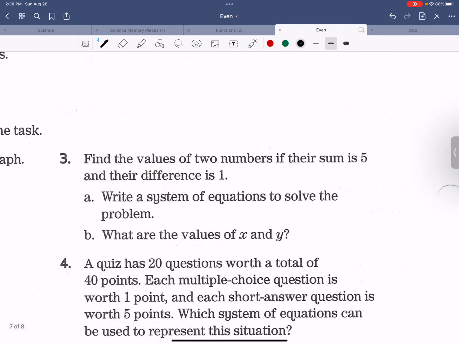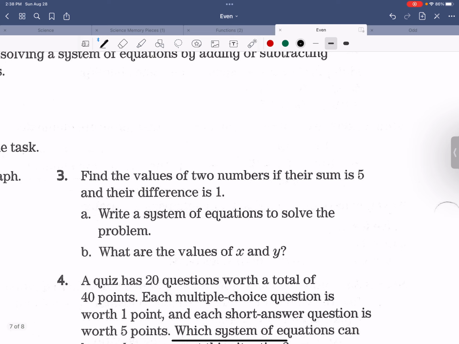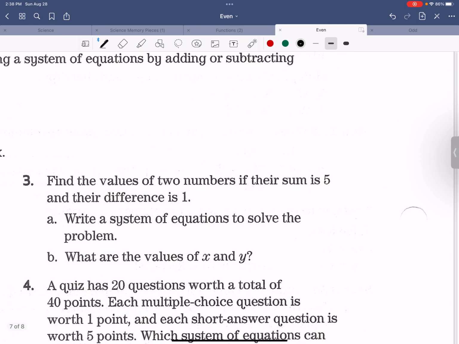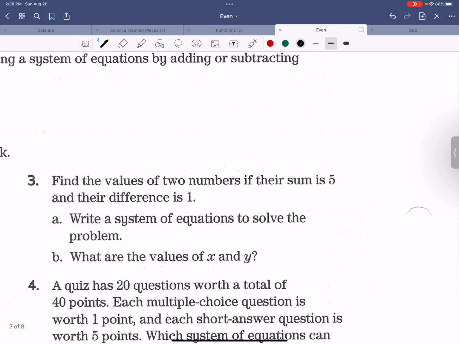Number 3. Find the values of two numbers if their sum is 5 and their difference is 1. Write a system of equations to solve the problem and then solve it. Find the values of x and y. So I'm going to let my two numbers be x and y.